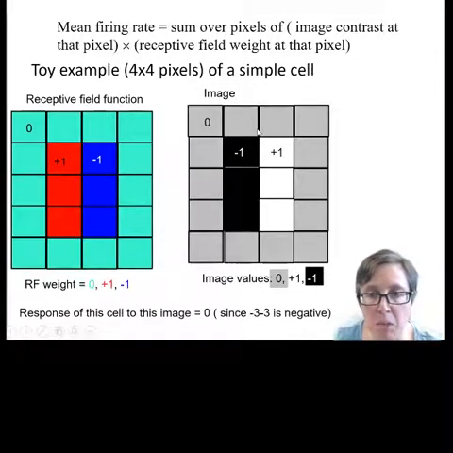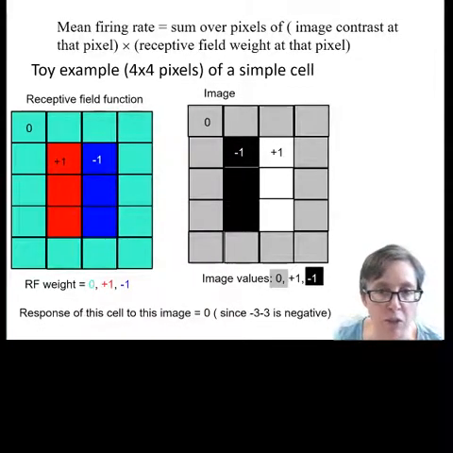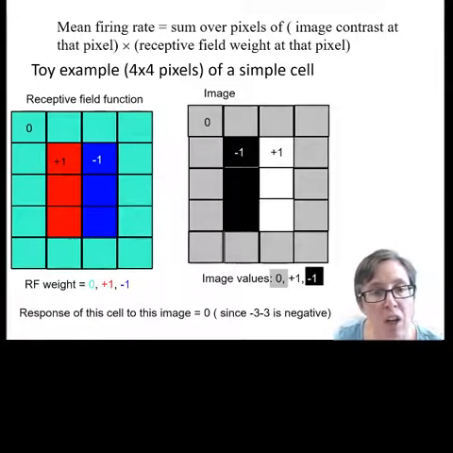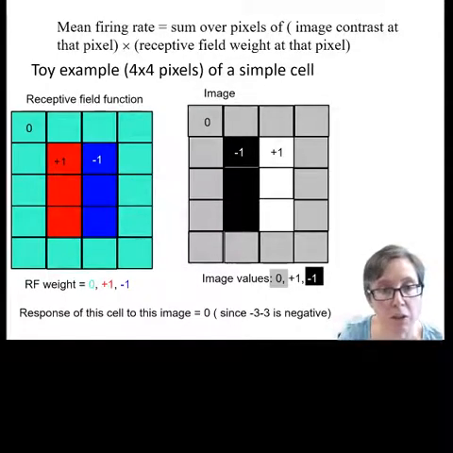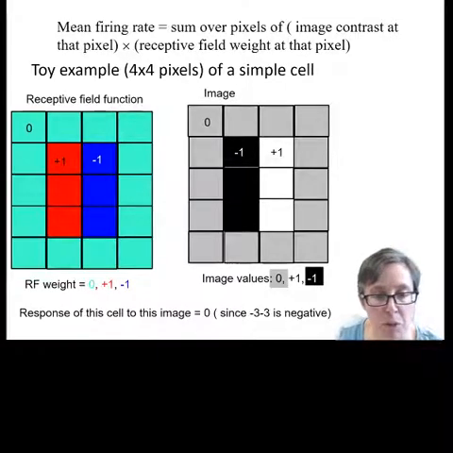But if you remember, because a neuron can't fire a negative number of spikes per second, we're going to just set that to 0. So the cell is actually silenced here. And that's a very typical property of simple cells. They really care about contrast polarity. So if you take an image and then its photographic negative, as we've done here, you'll usually get a very different response for a simple cell.